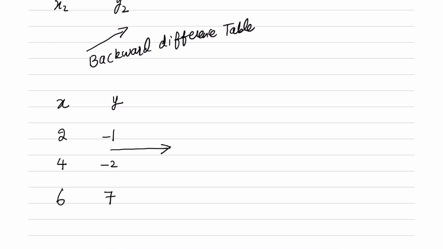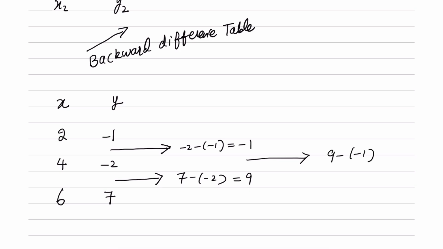An arrow between minus 1 and minus 2: we calculate minus 2 minus minus 1, always the second value minus the first. So it is minus 2 plus 1, which is minus 1. The difference between the next two values, 7 minus minus 2, gives 7 plus 2, which is 9. Then 9 minus minus 1 is 9 plus 1, which is 10.